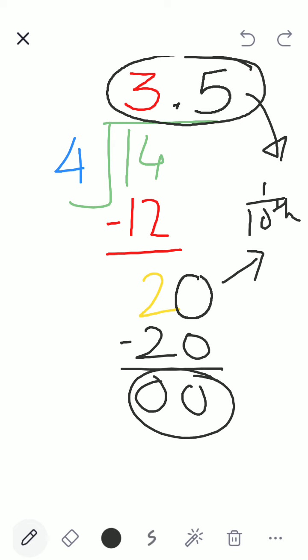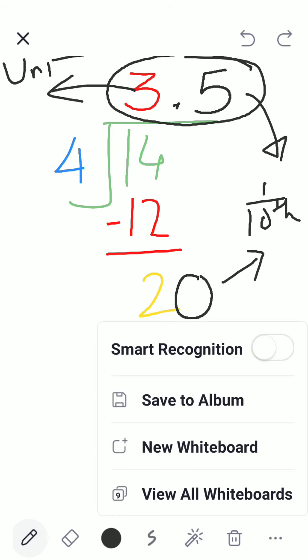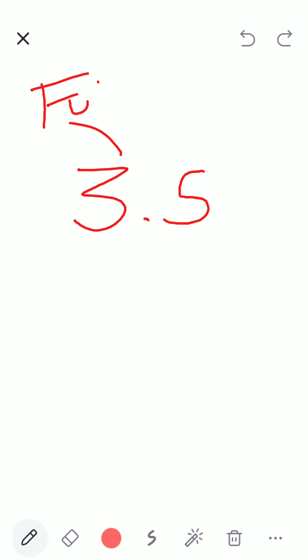Clear, children? And this is always the units place. Why? Because it was a complete, full fruit. Three full fruits they got. And 0.5 means half of the other remaining fruit. So when I write 3.5, this is full and this is fraction.